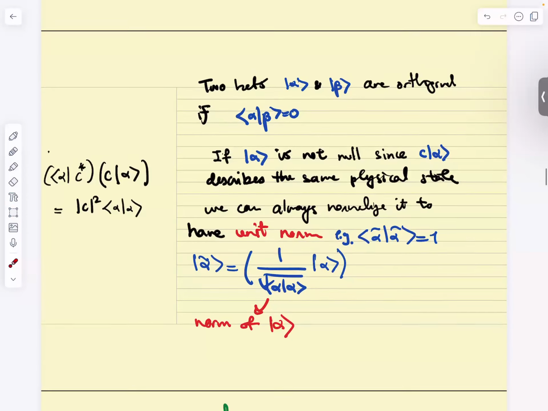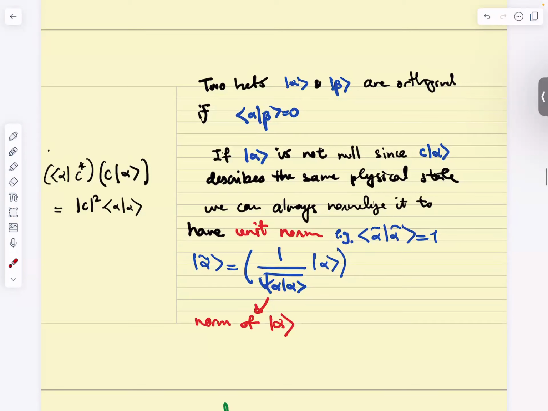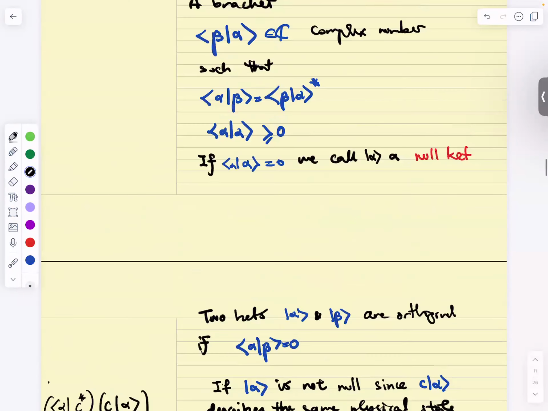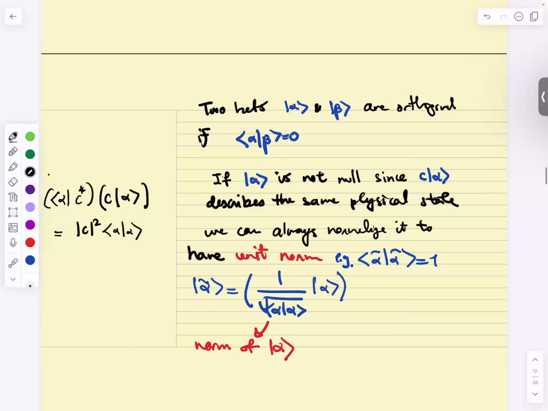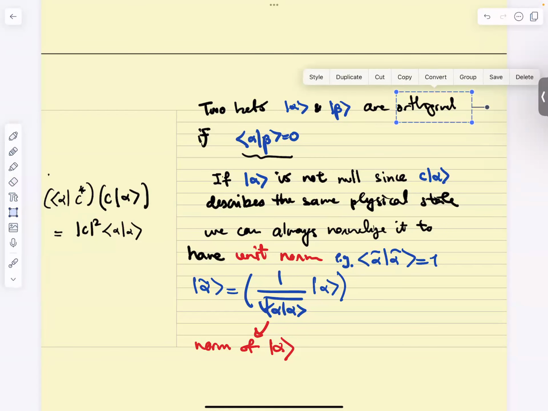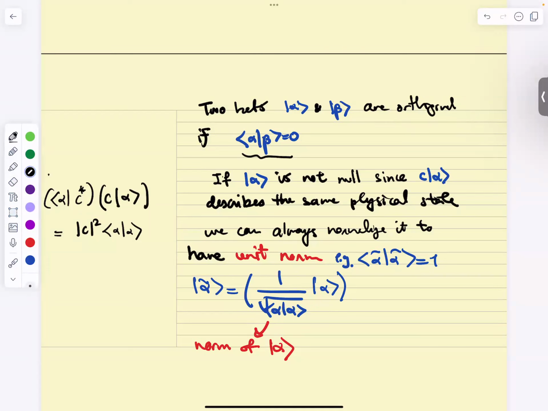All right. I have a stupid question, like how to spell the word on the top right, if bracket alpha beta equals 0. It's orthogonal. Yeah. My handwriting is horrible.